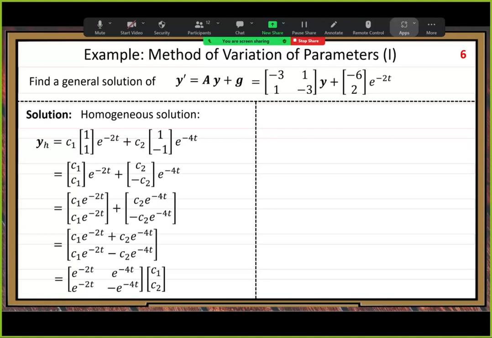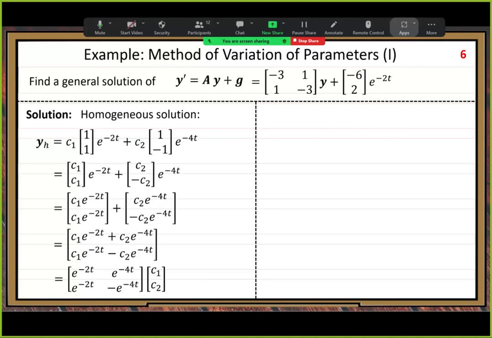So here we write it in a matrix expression. You can see C1, C2 are constants, right? Now, can we use two non-constant functions with t involved? That's the significant change.